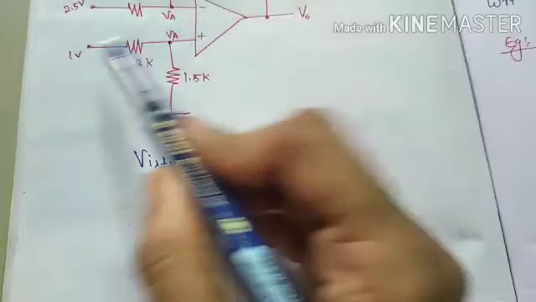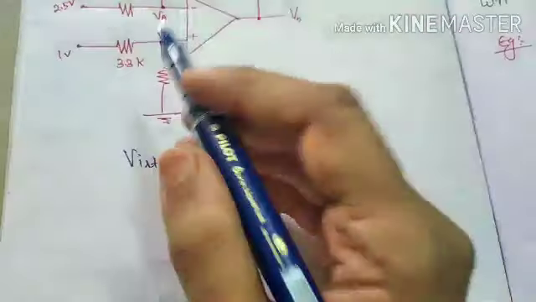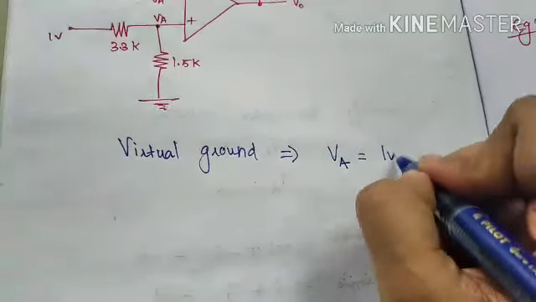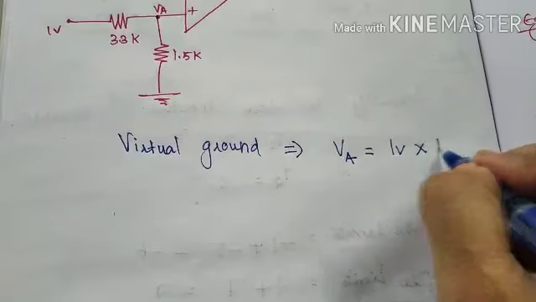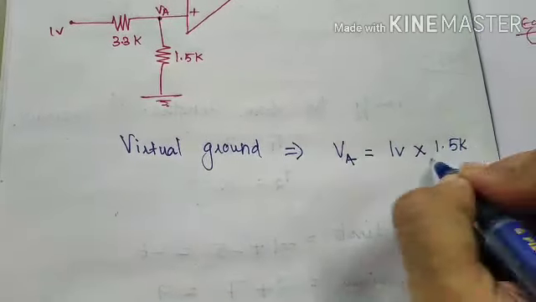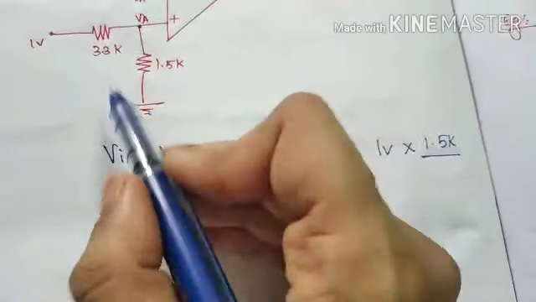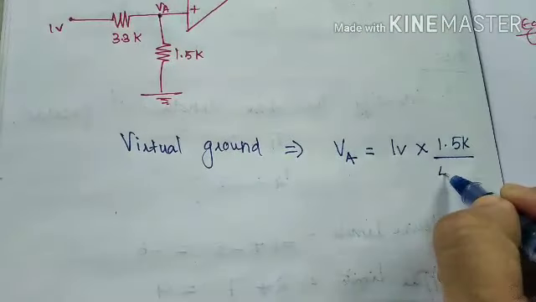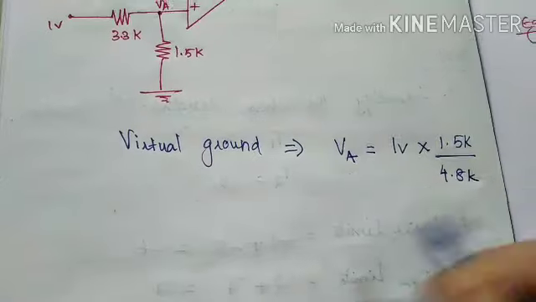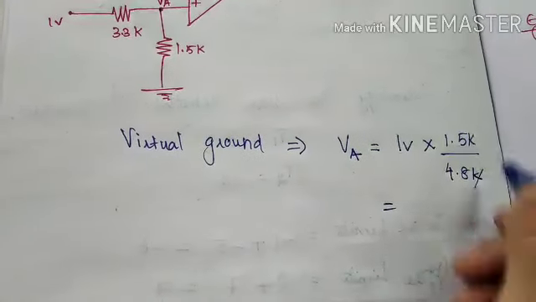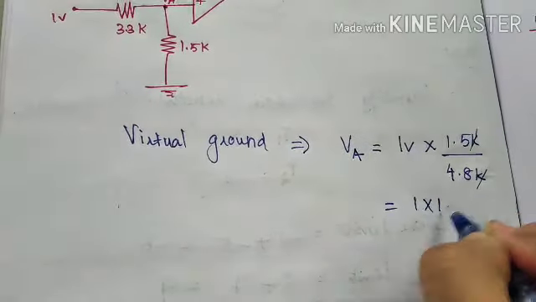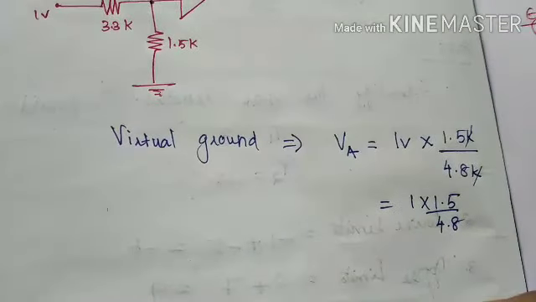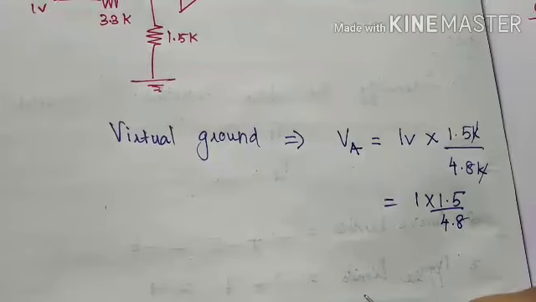Now we consider the voltage divider rule: total voltage, 1 volt, into the same resistance divided by the sum of the two resistances. So 3.3 k plus 1.5 k gives 4.8 k. The k's get cancelled, so VA is 1 into 1.5 by 4.8.